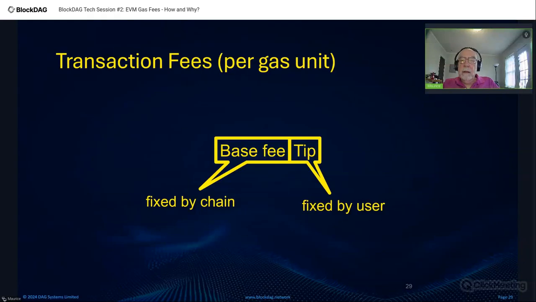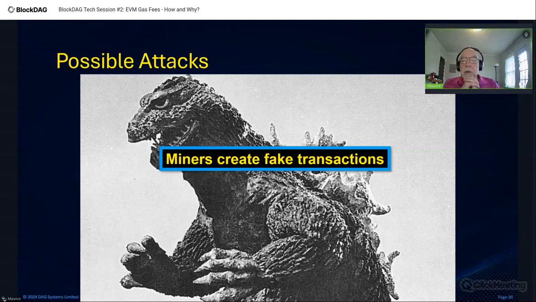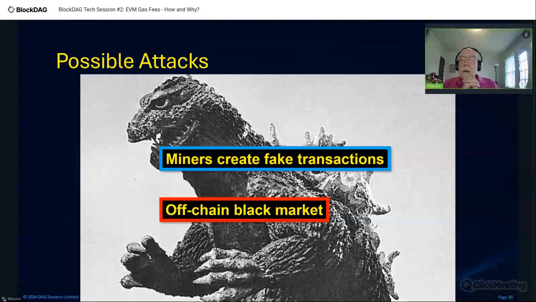Now, there are a couple of attacks that we want to protect against. We want to make sure that miners have no incentive to create fake transactions. Now, we saw earlier that with the second price auction, miners do have an incentive to create shills to drive up the clearing price. Similarly, we want to say that there's no incentive to create an off-chain black market.